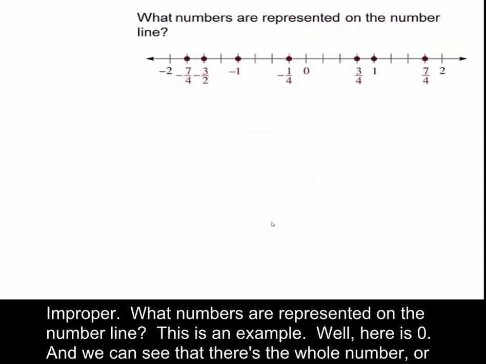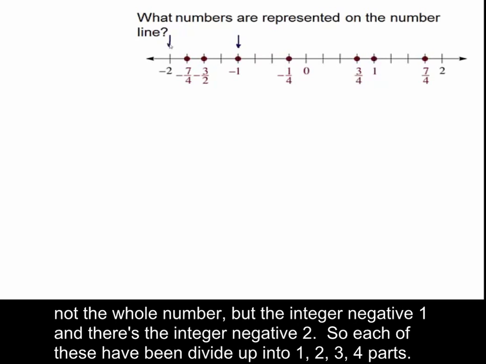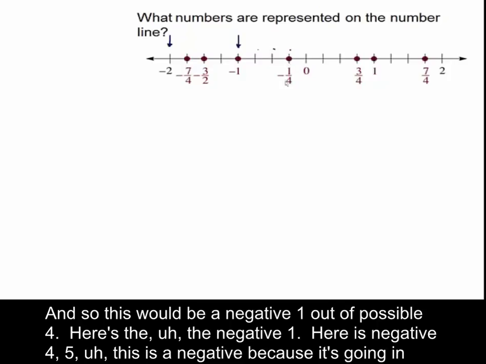They're improper. What numbers are represented on the number line? This is an example. Well, here's 0, and we can see that there's the integer -1, and there's the integer -2. So each of these has been divided up into 1, 2, 3, 4 parts, and so this would be a -1 out of a possible 4.